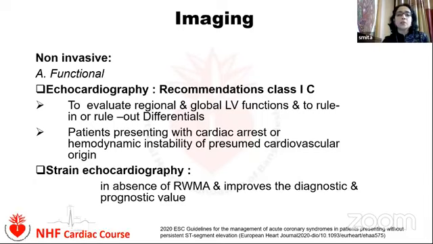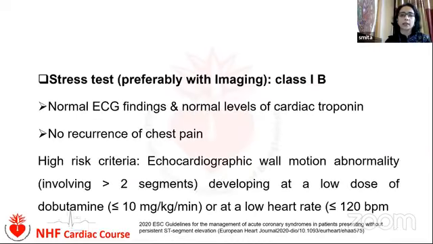Again, in patients presenting with cardiac arrest or hemodynamic instability of presumed cardiovascular origin, echocardiography is recommended. For any patient in the absence of regional wall motion abnormality, to improve the diagnostic and prognostic value, contrast echocardiography is another option.